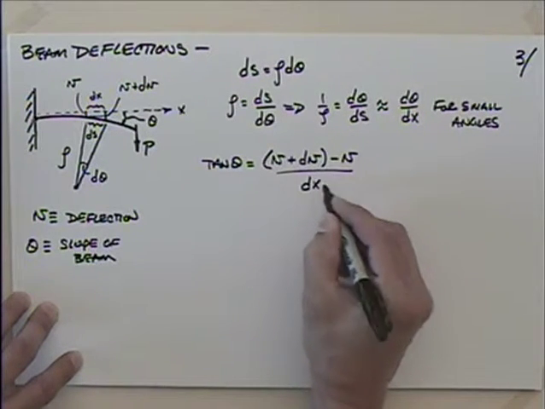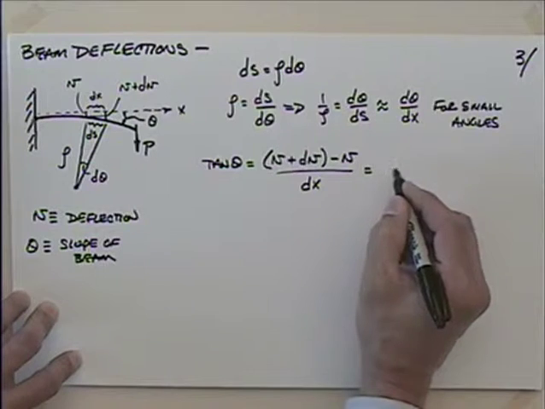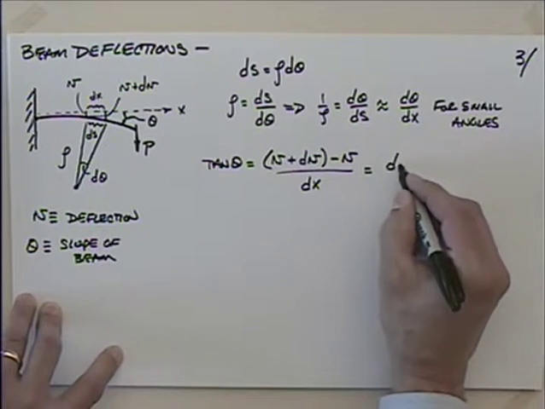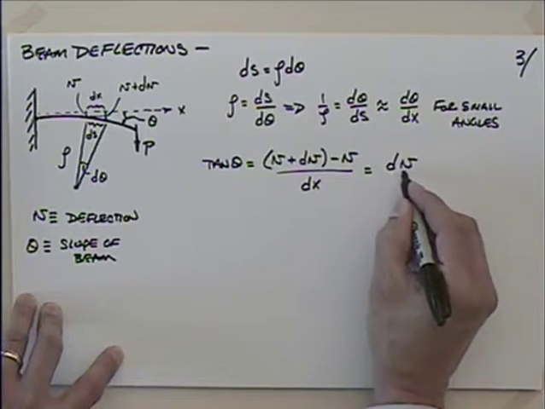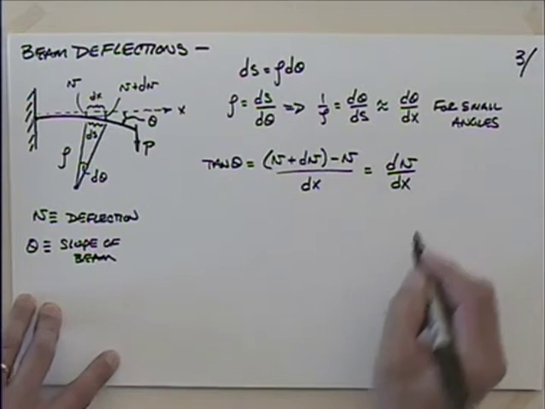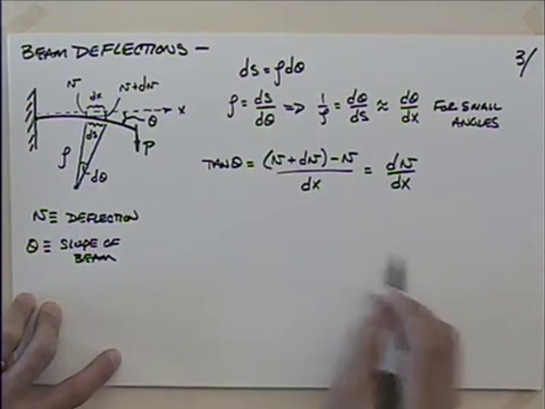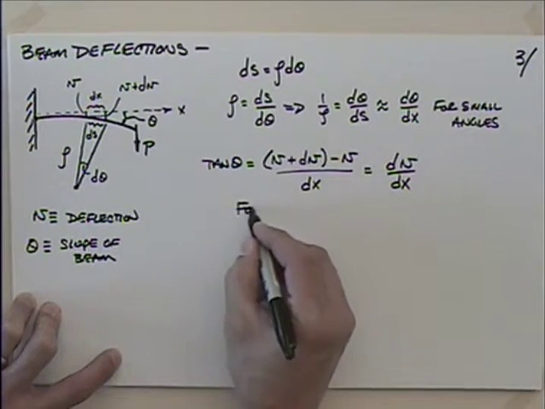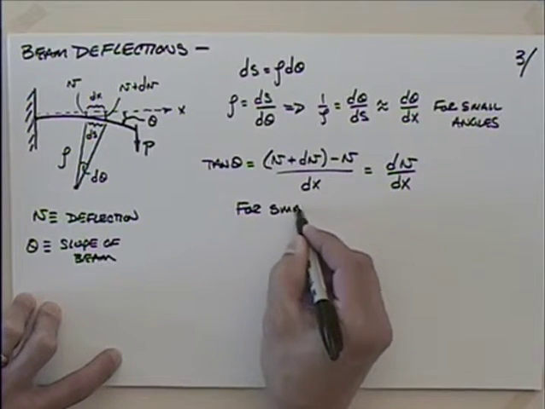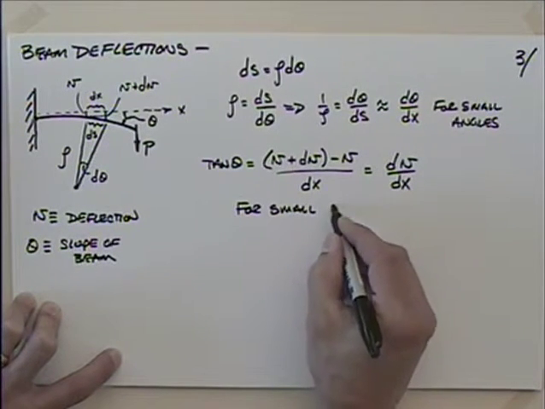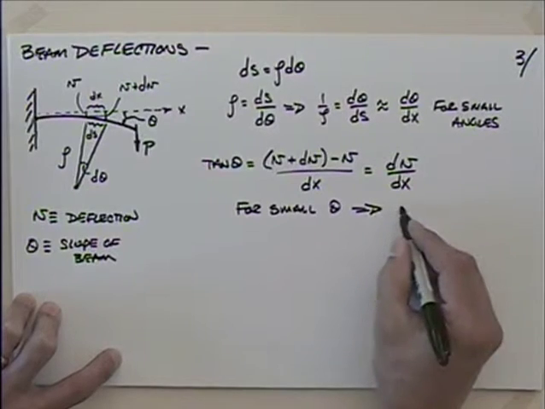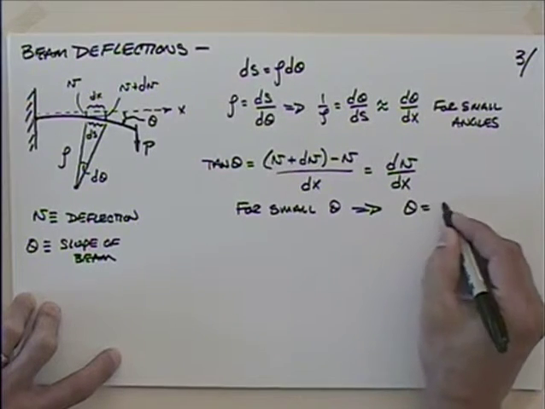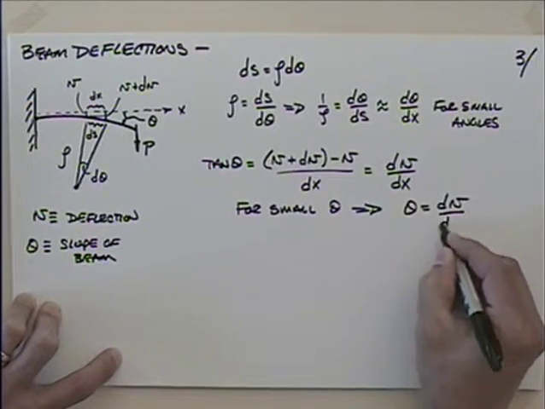The adjacent is dx, right? And if I go through that, I could say that that is dv over dx. And for small angles of theta, I could say that theta is equal to dv dx.